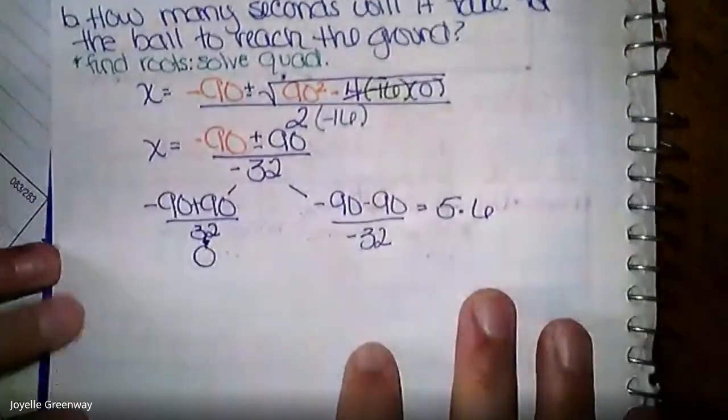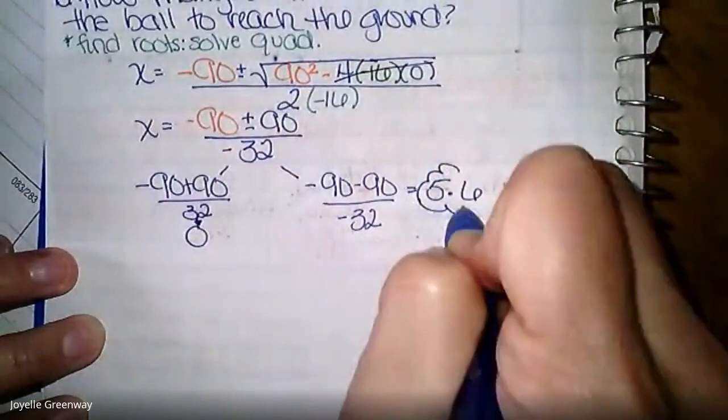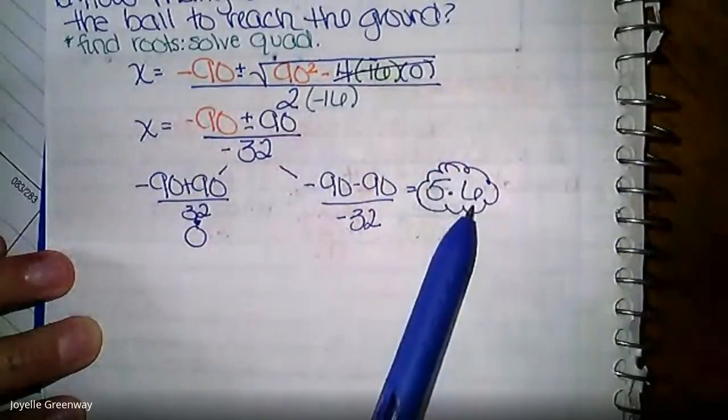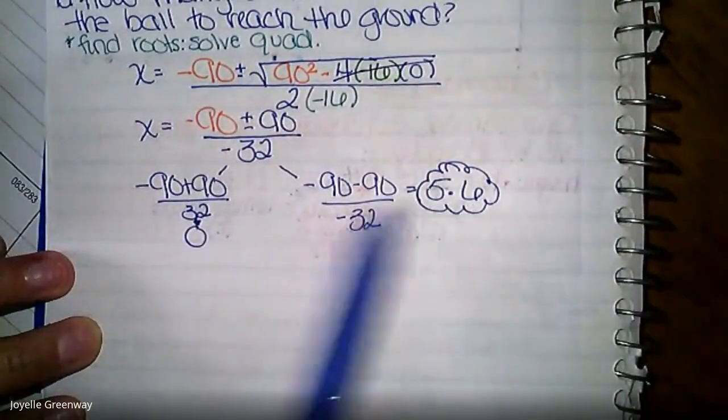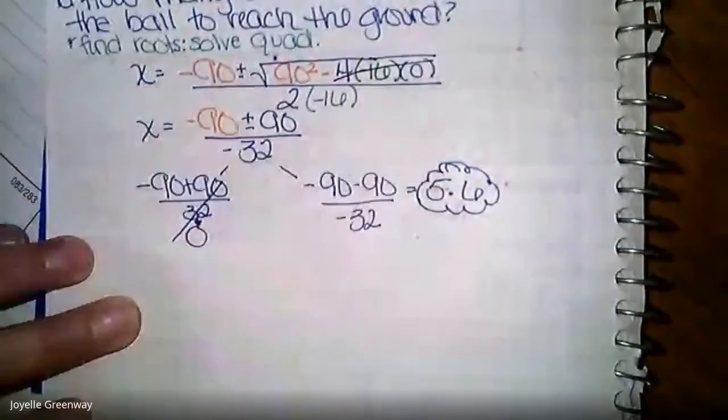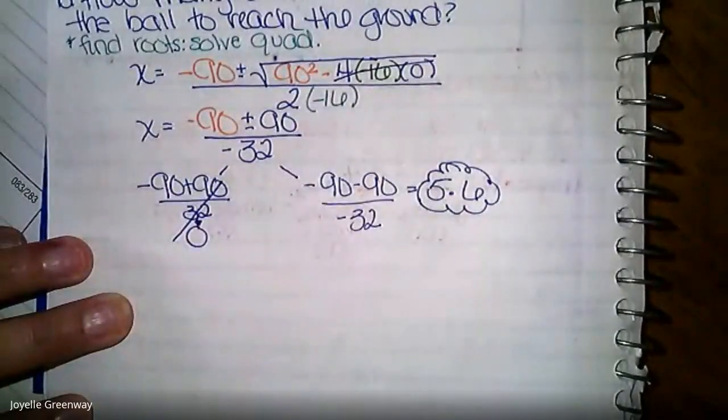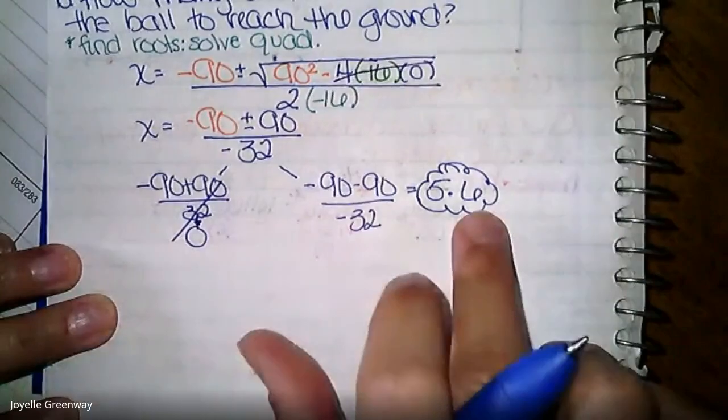So I'm going to choose this root to answer my question, because you should get two roots, but 0 is its starting point, so that's not the root I want.